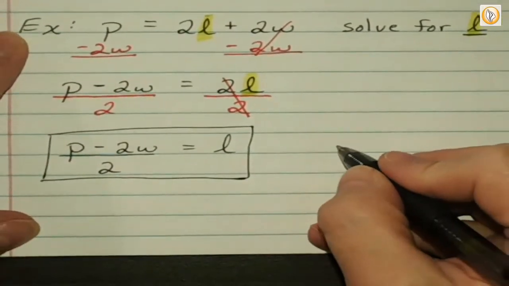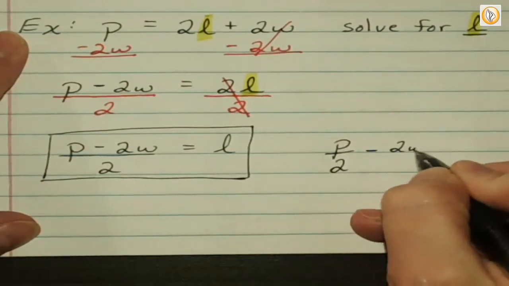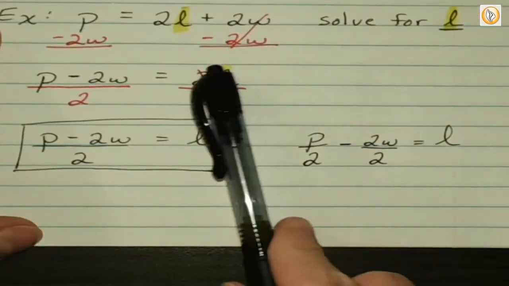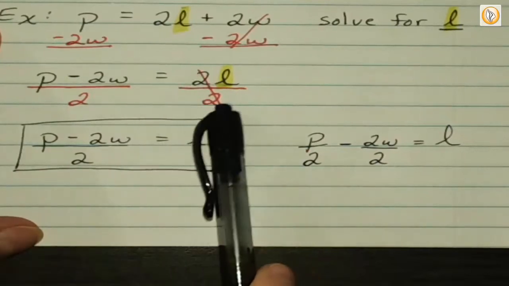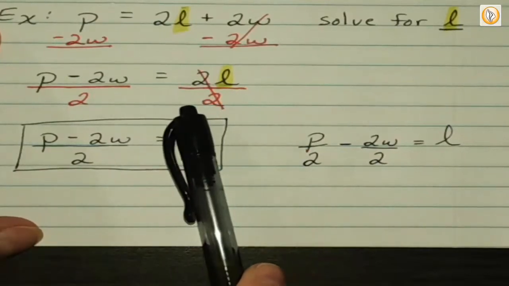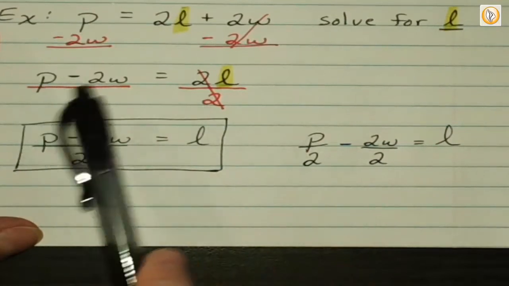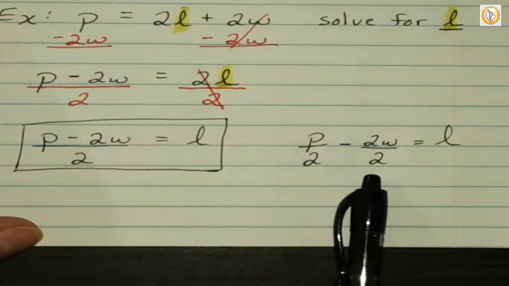He's saying, what if you did P over 2 minus 2W over 2 equals L? Because remember how we divided? So he said right here, what if you divided the P by the 2 separate from the minus 2W by the 2?